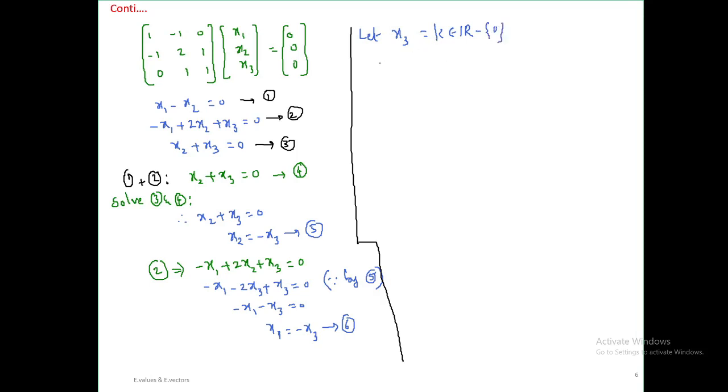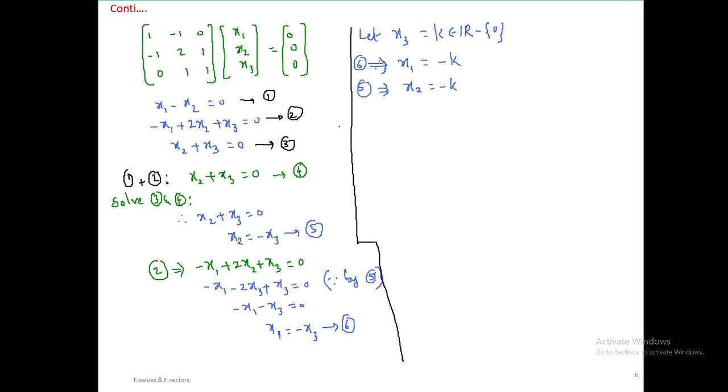Once x3 is equal to k, what is x1 now? From 6, x1 is minus x3, so minus k. Next, equation number 5 implies x2 value is also minus k.